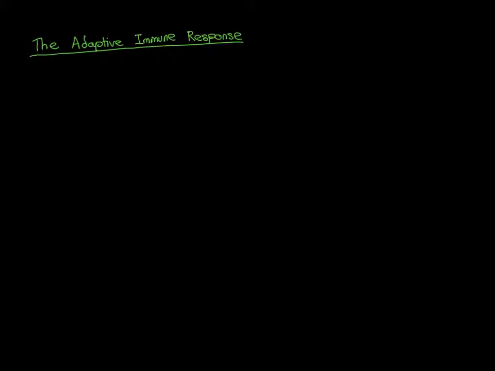In a way, I quite like the bare skeleton of the adaptive immune response because a lot of people, when they study it, end up learning all the little details, and they end up with this absolutely massive amount of information that they learn in little chunks, and then they struggle to put the chunks together to get the bigger picture of what actually happens.